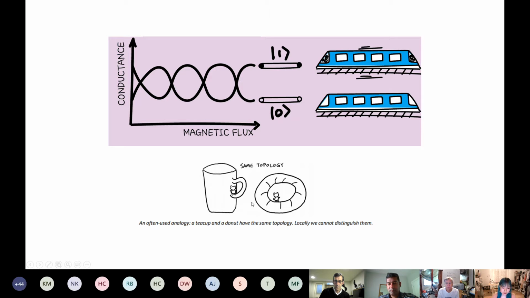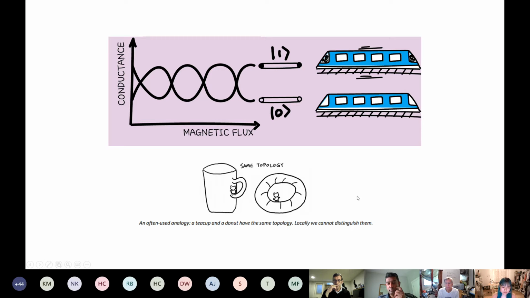Only when you zoom out to a global level would you know which is which. So in this case, the topological qubits are not so affected by local errors.